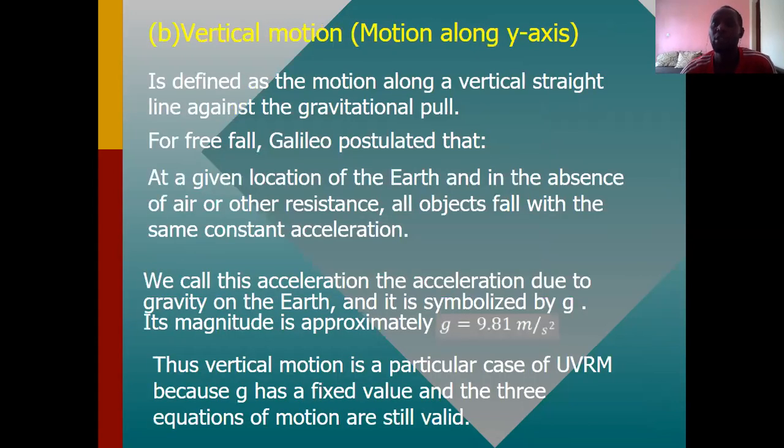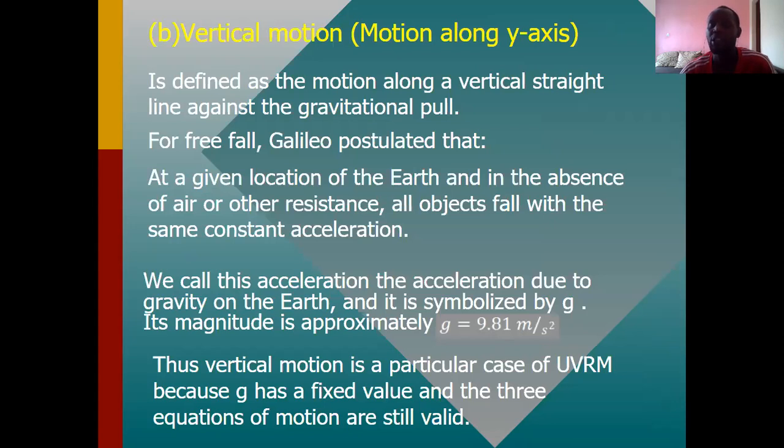The vertical motion is defined as the motion along a vertical straight line, the y-axis, against the gravitational pull. For free fall, Galileo postulated that at a given location on the Earth, and in the absence of air or other resistance, all objects fall with the same constant acceleration.